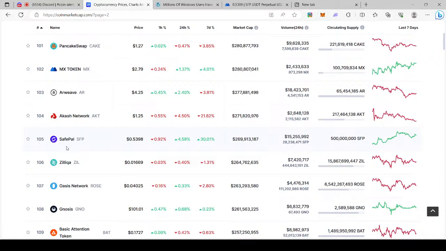And just so you know, keep a page of coins on MEXC. So you would put SFP in there, right? Note, or put it on your computer.